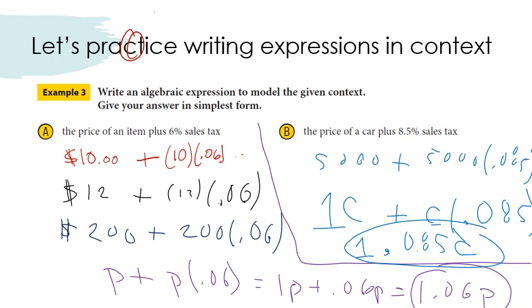Those two expressions that I've written down and circled are the expressions that could be used to figure out the total price of both objects with the sales tax. All you have to do is put in the original price for the C or the P, and they'll give you your total price, which is your actual price plus the sales tax amount.